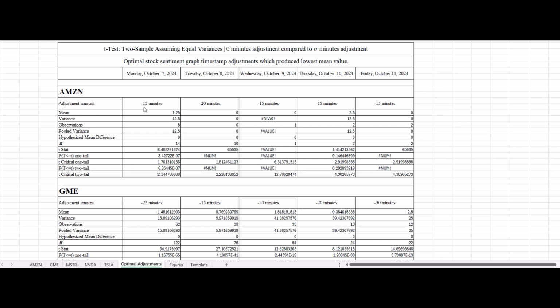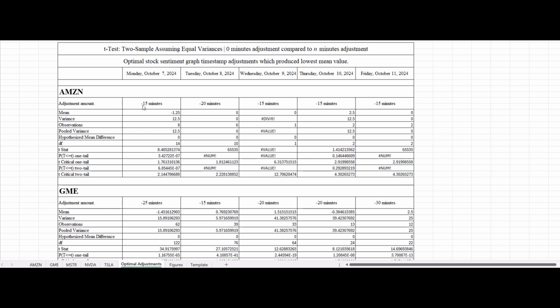In this case, for example, negative 15 minutes of adjustment produced the lowest mean when running the two sample assuming equal variances t-test, and the two samples would be 0 minutes of adjustment compared to an applied number of minutes adjustment.